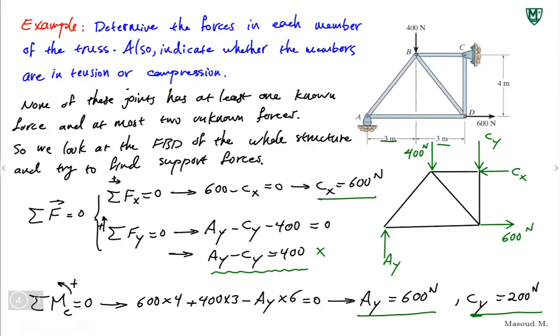We can take a look again at these joints. Let's take a look at joint A. At joint A, if I isolate that joint, well, I have this Ay that I know its value now is 600. Let me go to next page.